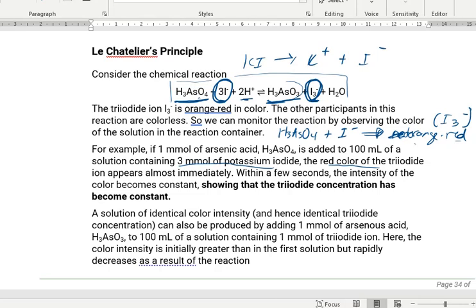Same intensity, which means that it also has the same triiodide concentration. And this was produced by a different method. So it was produced from arsenous acid.